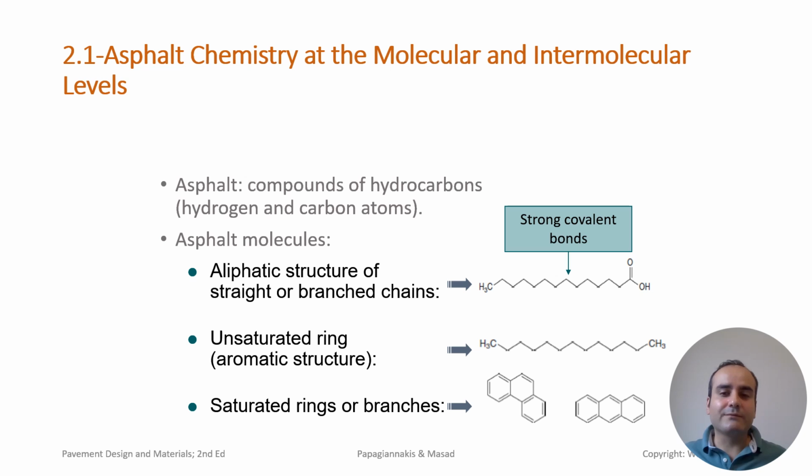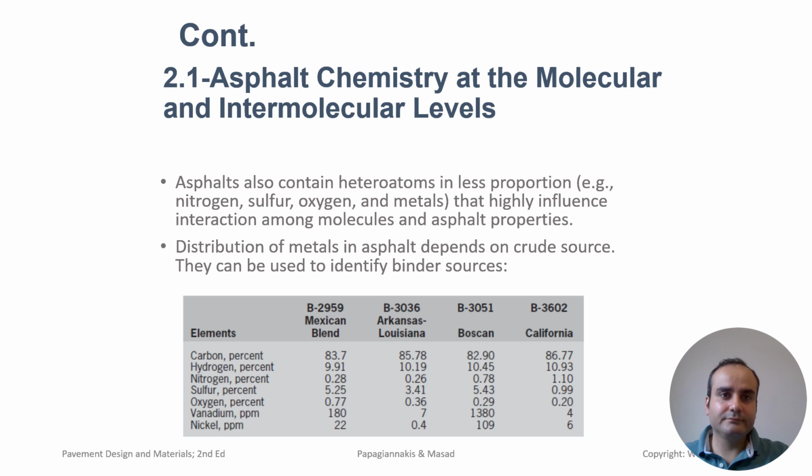The strength and performance of asphalt come from the strong covalent bonds that hold these hydrocarbon molecules together. These bonds influence the overall viscosity, elasticity, and stability of the asphalt binder.